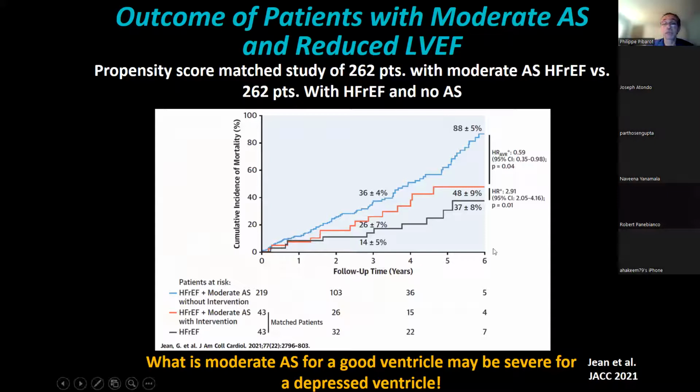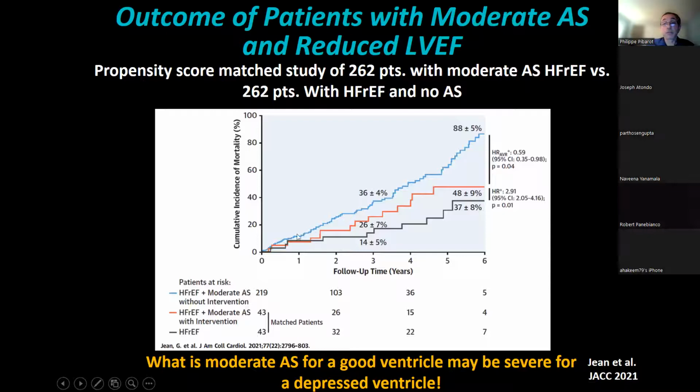And interestingly, that's the cumulative incidence of mortality: the black curve is HFrEF only, no AS. Red is the HFrEF with moderate AS who underwent valve replacement, and in such case, the outcome is almost similar to the patient with HFrEF and no AS.